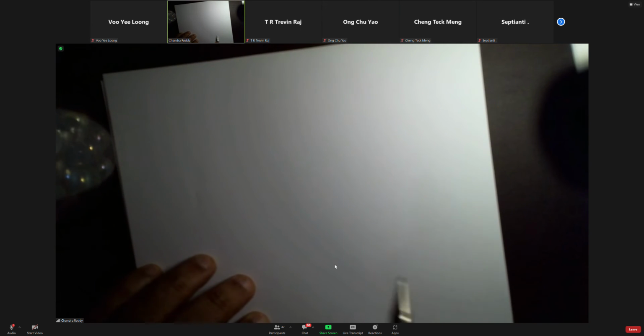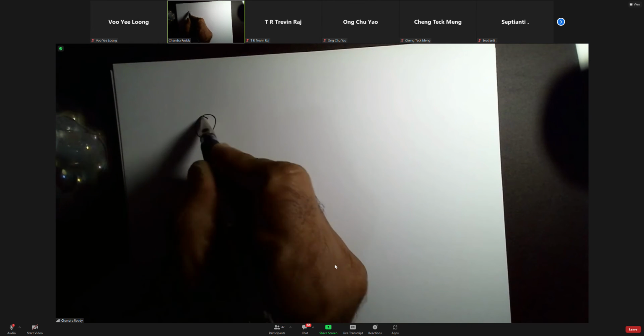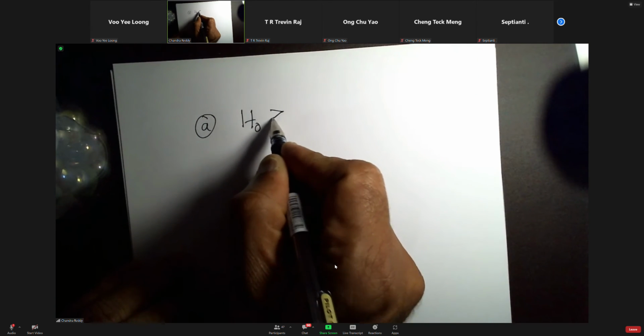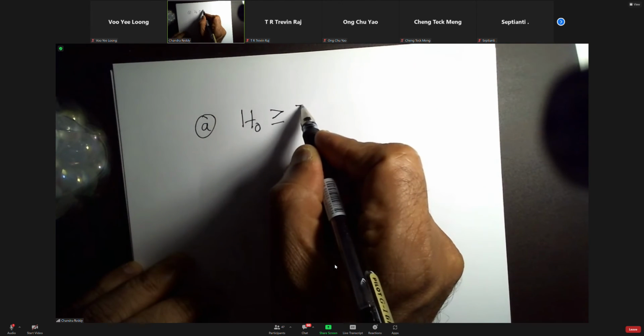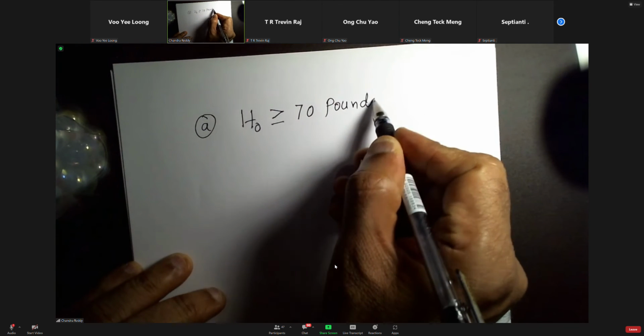Okay, guys, so we can write the null and alternate hypothesis something like this. We can say the null hypothesis is, so he believes that it is greater than or equal to 70 pounds.